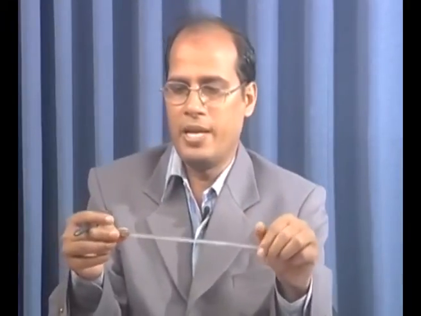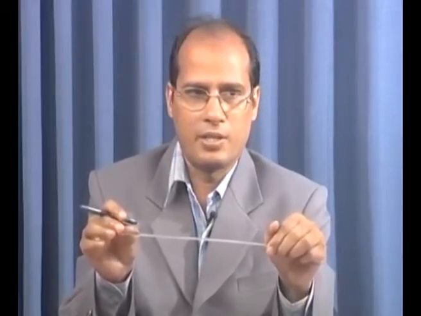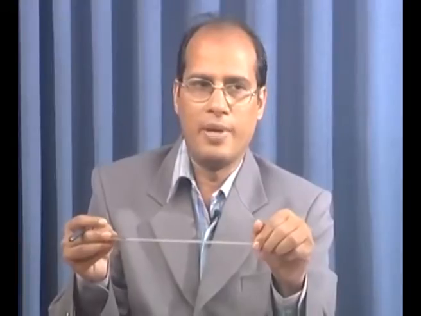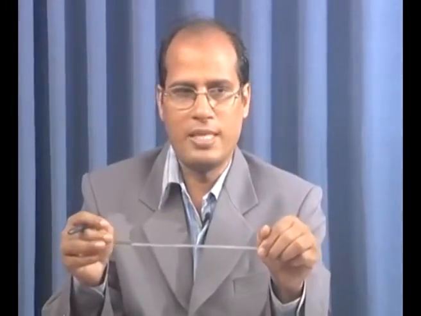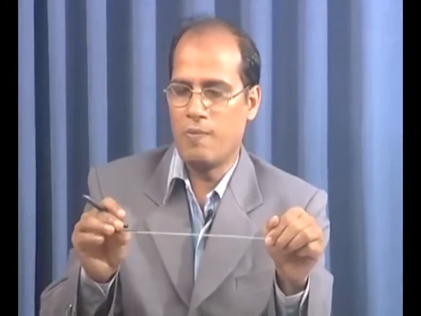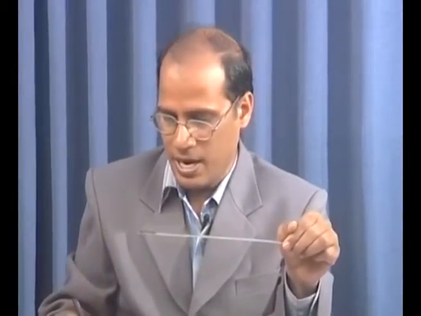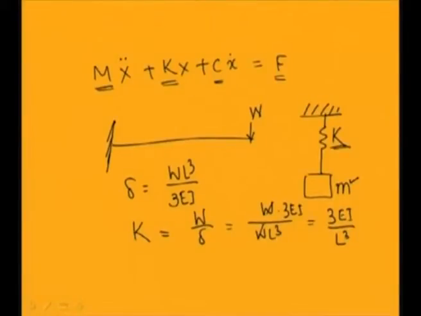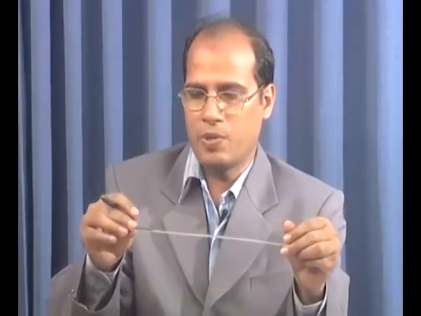If there are an infinite number of masses and springs in this continuous system, then you have an infinite number of natural frequencies associated with it. So you should not model it as a single spring and mass system and find the natural frequency or the response of the system.